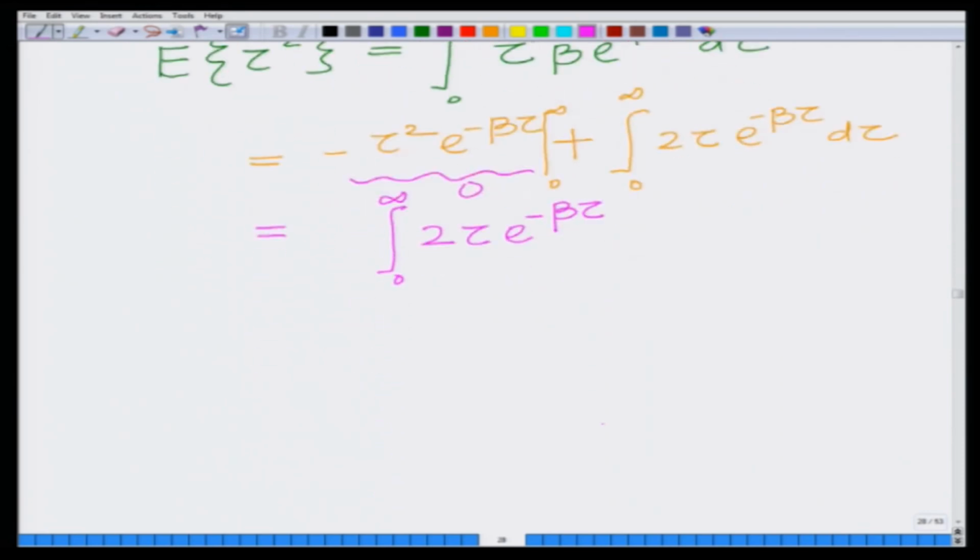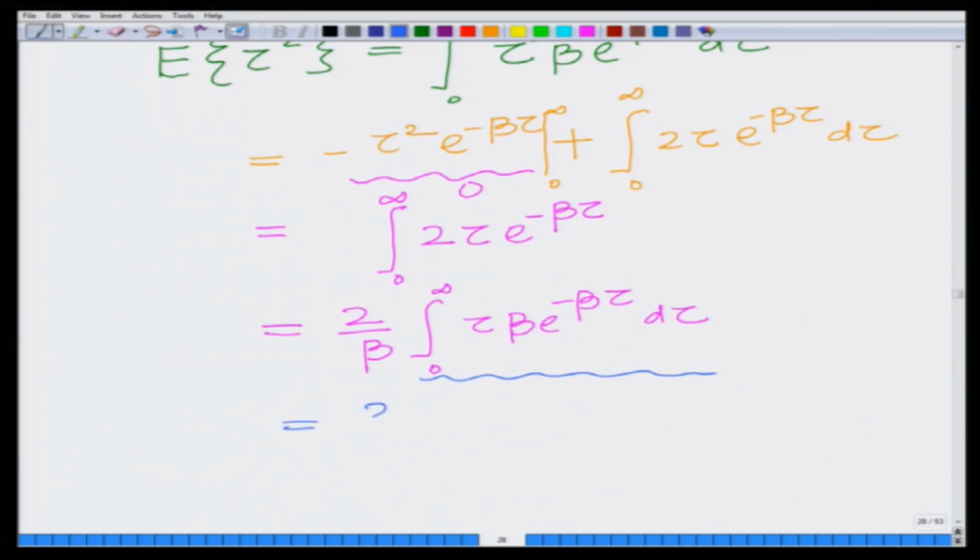Now, what I am going to do here is divide and multiply by beta. So, I have 2 over beta times the integral from 0 to infinity of tau beta e to the power of minus beta tau d tau. Now, if you look at this, beta e to the power of minus beta tau is f of tau.